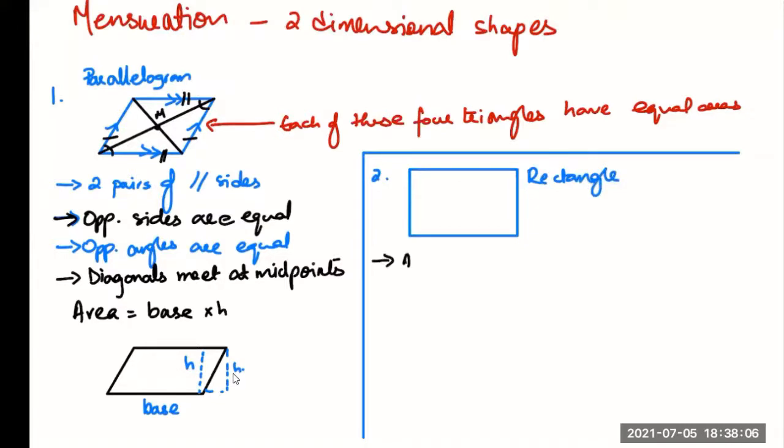So what I'm going to write is all properties of a parallelogram. So yeah, there are some additional properties. All angles are 90 degrees.